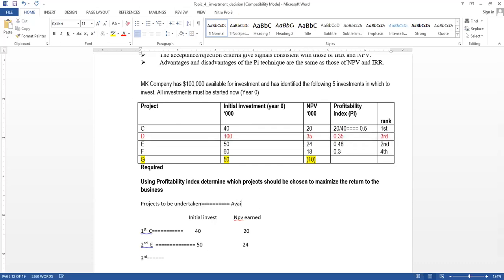Yes, only 100,000. Available funds is 100,000. So when you check the funds, what have I used so far?